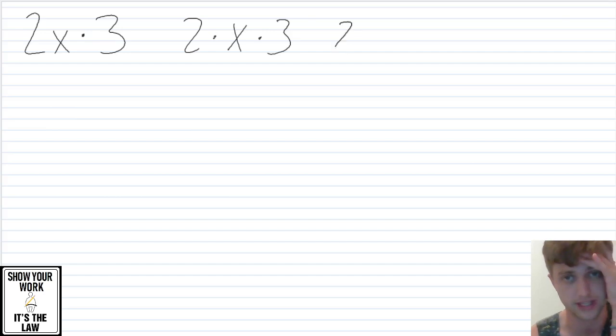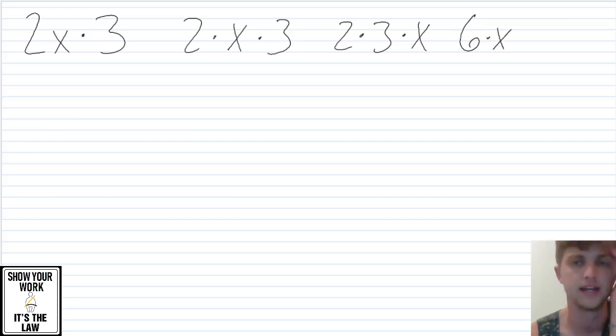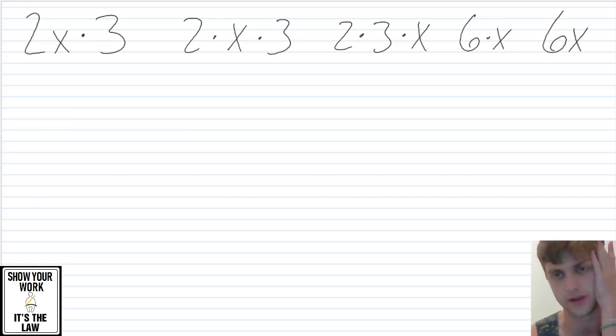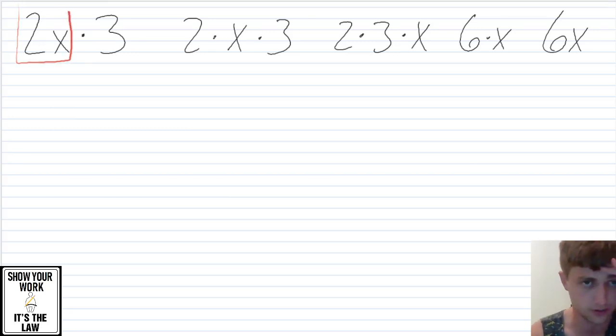So we could also say 2 times 3 times x. So we know that 2 times 3 equals 6. So we have 6 times x. And then we just know that a number times a variable just gives us this format where we have a coefficient, so 6x. So when we have a coefficient and a variable multiplied by a constant, we really just need to look at the number portions and combine them.